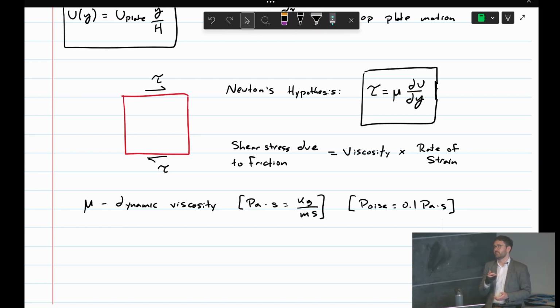It involves a rate of change tensor, so you get a 3 by 3 matrix if you were to do this in 3D. You might see that in fluids too, and you'll definitely at least see the 2D case. There are additional terms, but for now, all we need to know is that there's a linear relationship between the rate of change and the shear stress for Newton's hypothesis. A good question. Any other questions?